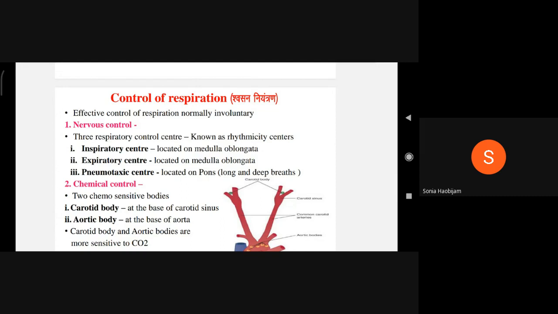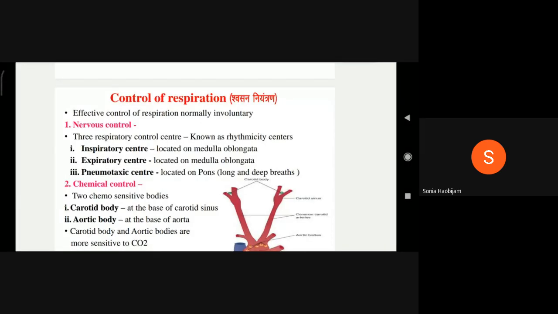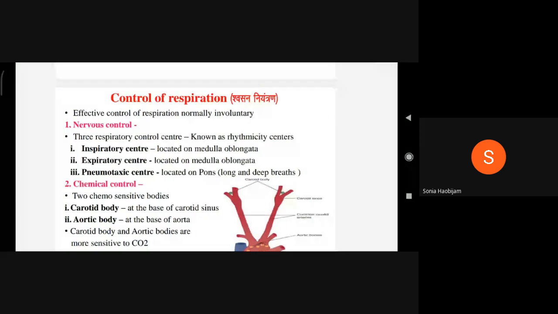Long and deep breaths occur when we are concentrating on our breath and taking long and deep breaths. Our pons gets activated. Do you people know about the medulla, pons, and cerebellum? They are parts of the brain.